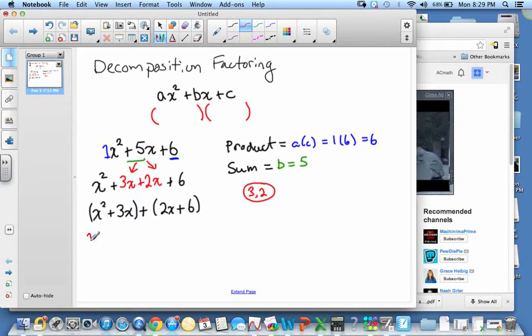Common factor each of the brackets by themselves. My common factor here and here is going to be an x, so I'm left with an x plus 3. My common factor here is just a 2, and I'm left with x plus 3. Now, this is why I say decomposition always works and it's foolproof.